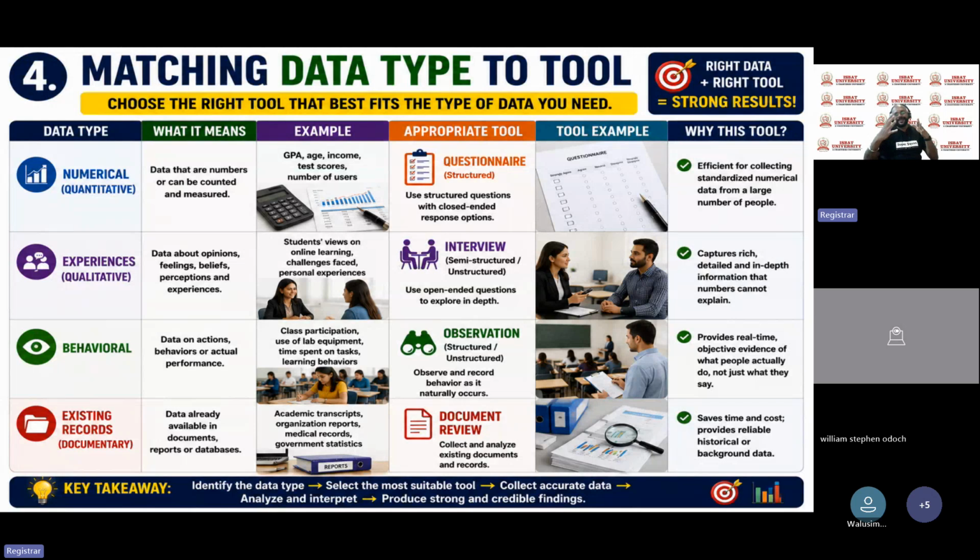For us, this numerical data type means it is in numbers and they can be counted or measured. For example, if you are studying student performance: GPA, age, income, test scores, number of users, all of this comes in numbers. So the best way is to use a questionnaire with closed-ended options, isn't it?